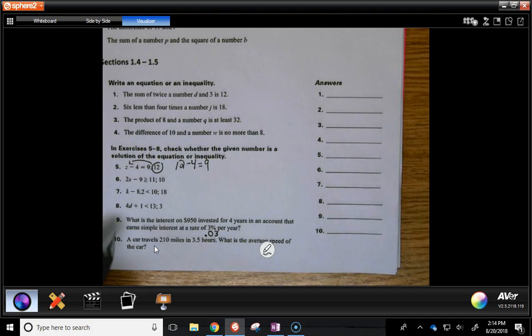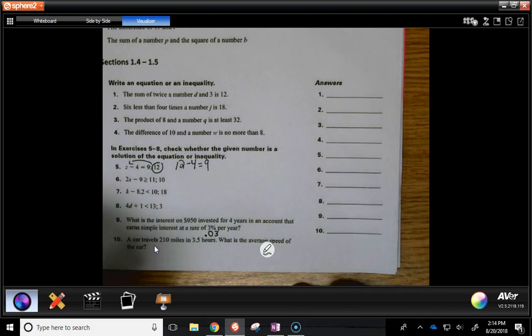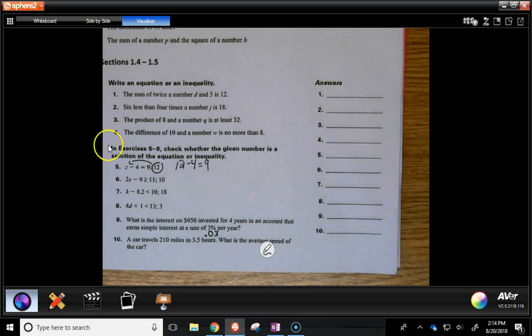See if you can figure out how to solve the rest of it. And number 10, reading the problem about what is the average speed of the car. We'll be thinking we want to find, if we went a distance, to find rate, we're going to be dividing by the time. So the distance divided by our time.